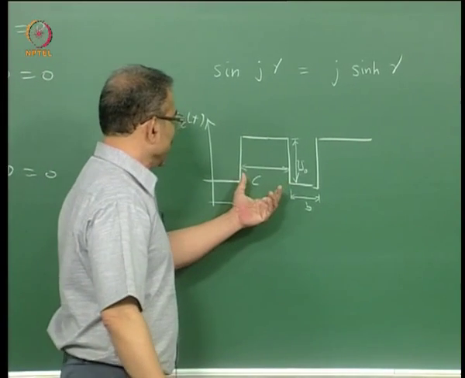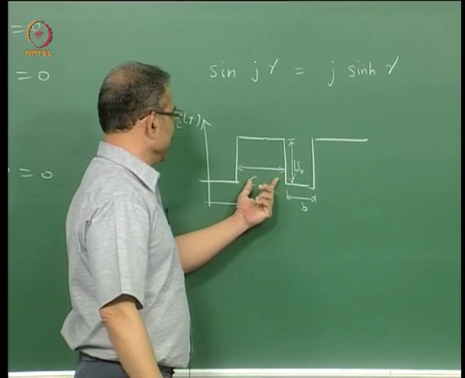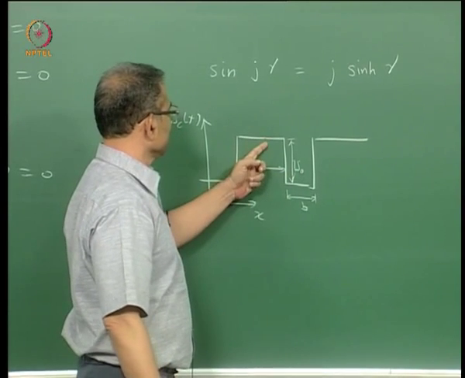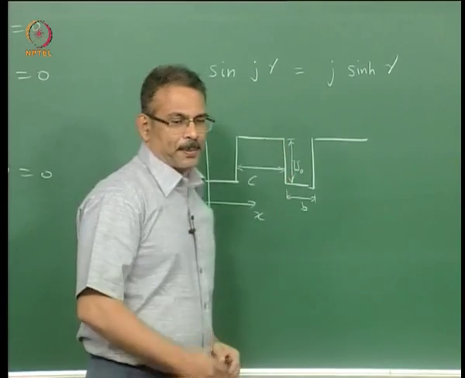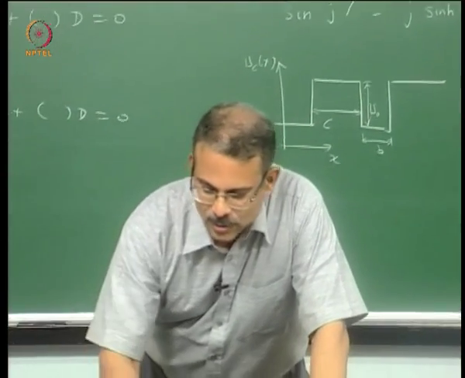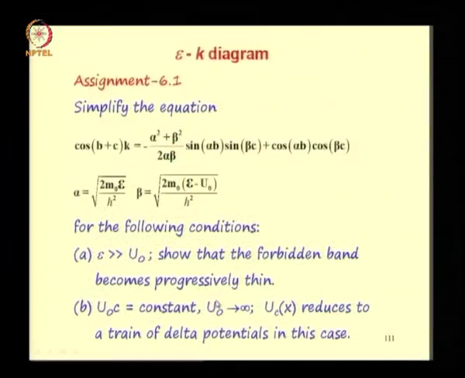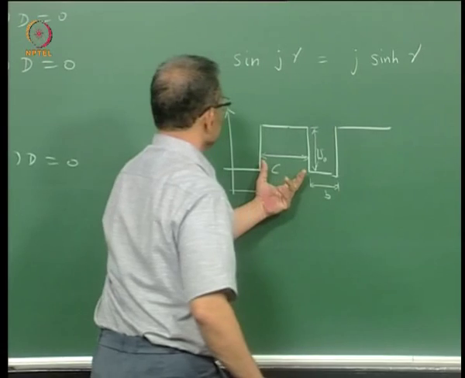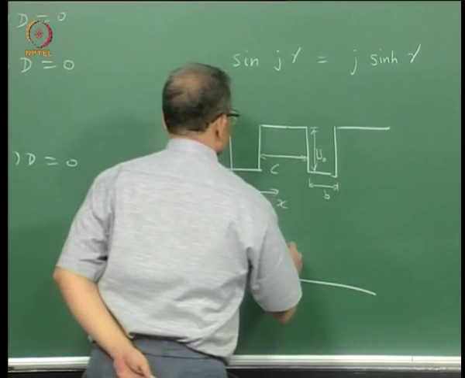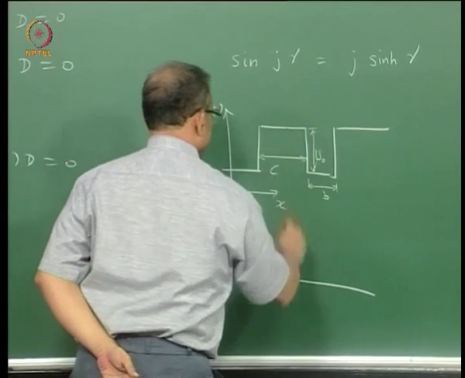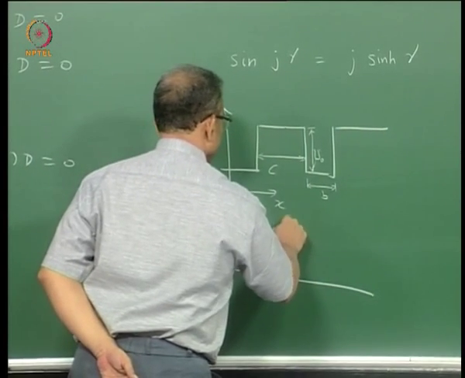So we are saying assume u0 into c, that is the area under this, as a constant, and let u0 go to infinity. That means this region will become a delta function. So for this limit, when you maintain the area constant but make u0 infinite, this will be replaced by a delta function.